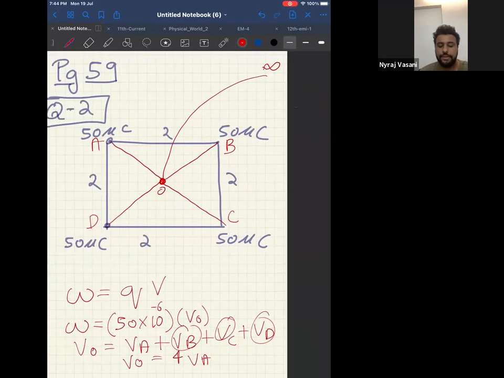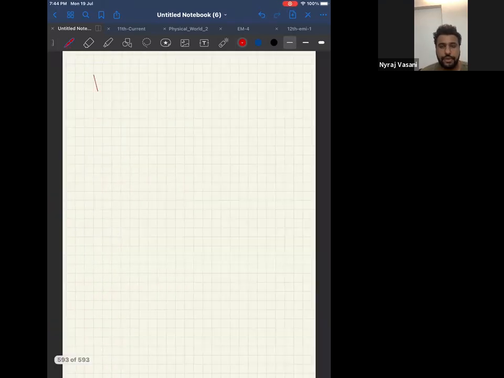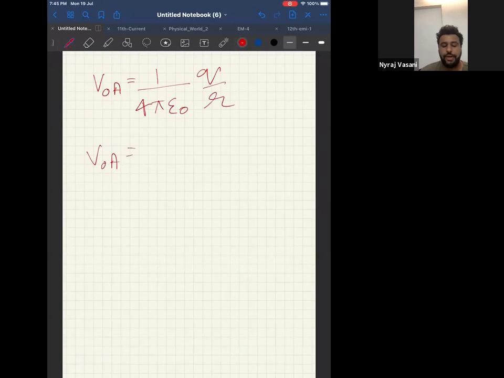Therefore, look at the screen, the potential at the center due to point A will be 1 by 4 pi epsilon naught Q by R. The charge is 50 microcoulomb. And can I say the distance is root 2?